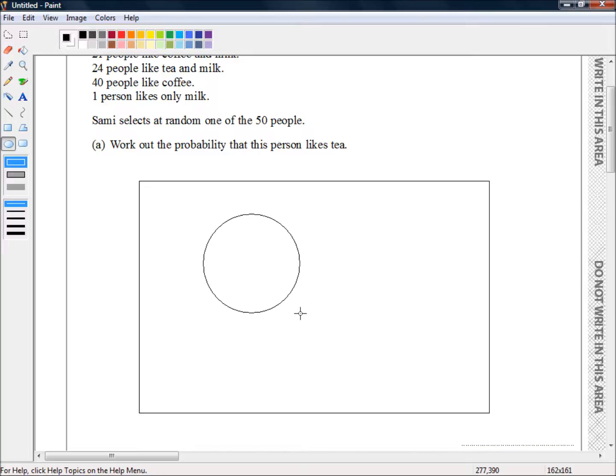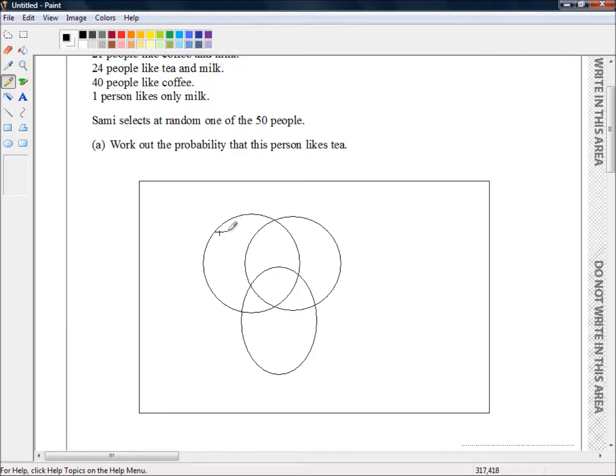Let's just draw a few circles. I'm going to need 3 circles because we've got tea, coffee and milk. And I'm going to write in here what they are. So I'm going to put tea here. It doesn't matter which circle you label.